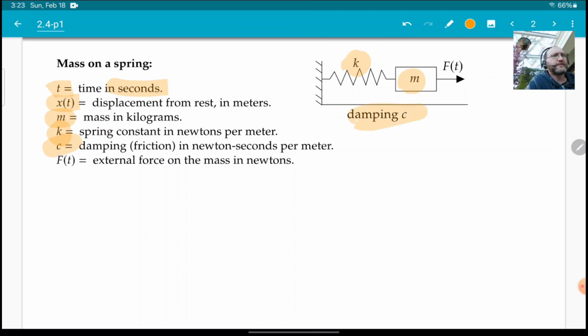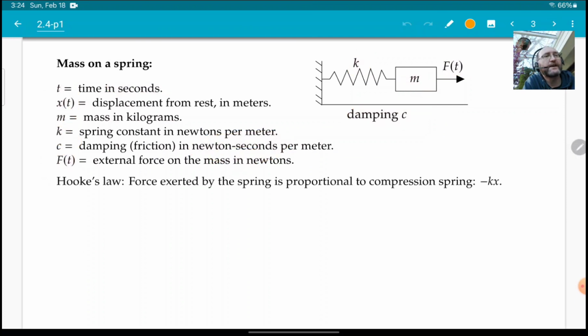So maybe friction, or maybe there's a damper attached to this mass that's slowing everything down, and it's in newton seconds per meter. Those are the units here. And F, this capital F, well, that's just some external force acting on this m. If it's positive, it's pulling it in the positive direction, right?